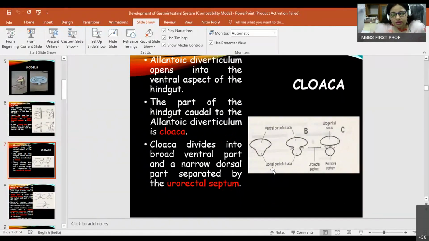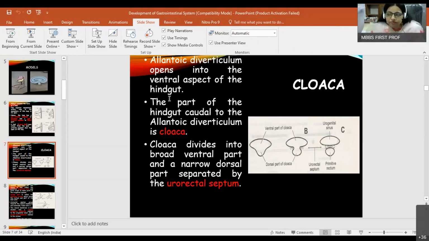Okay. Now I have told you that allantoic diverticulum is responsible for the division of hindgut into hindgut and cloaca. So this allantoic diverticulum is opening into the ventral aspect. Ventral aspect is, see, this is the dorsal aspect and this one is the ventral aspect. So allantoic diverticulum enters from here. It is like this in the hindgut and divides the hindgut into cloaca and the hindgut proper.